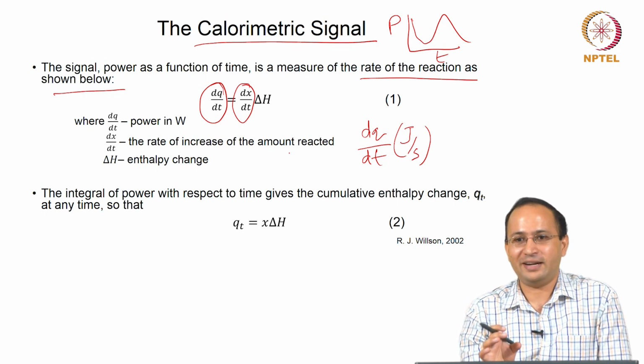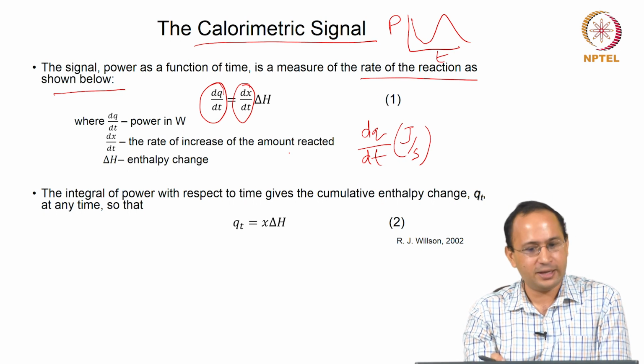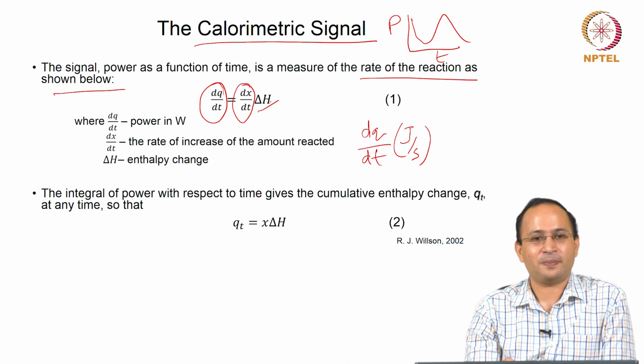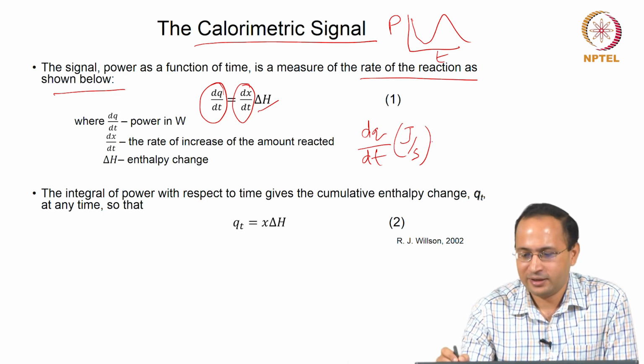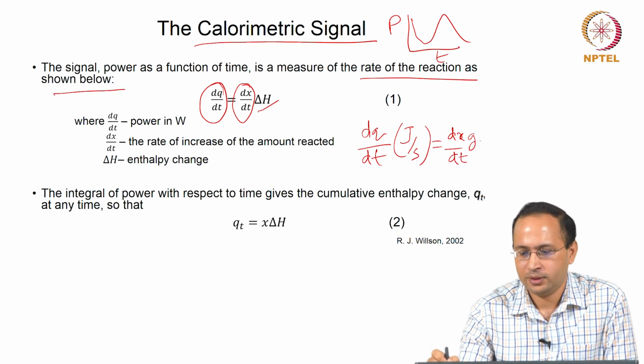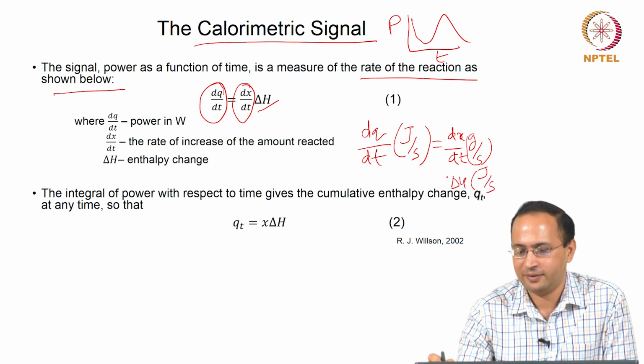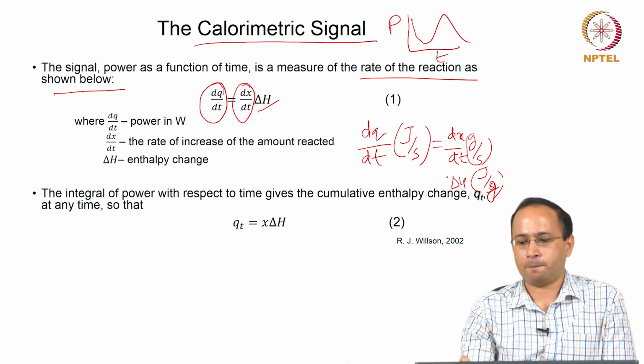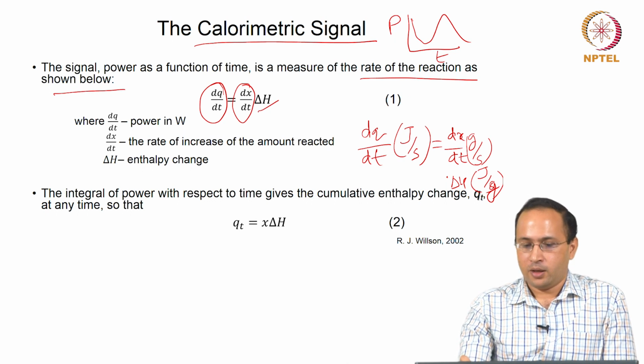If you monitor that, dx by dt will give you the rate of increase of the amount, and the associated enthalpy change. dx over dt is gram per second, for example, times delta H, which is joule per gram, the heat.